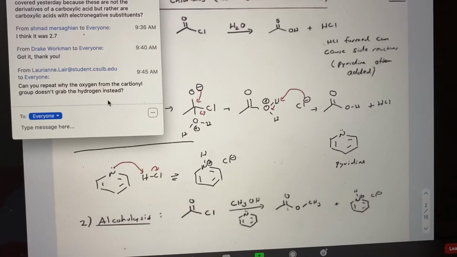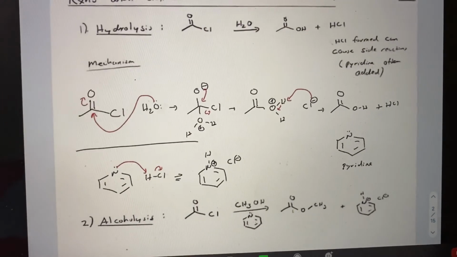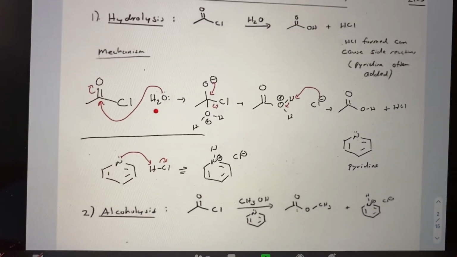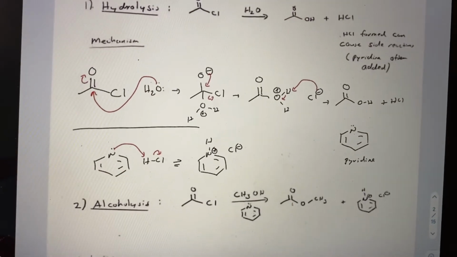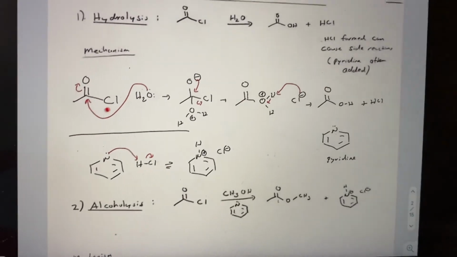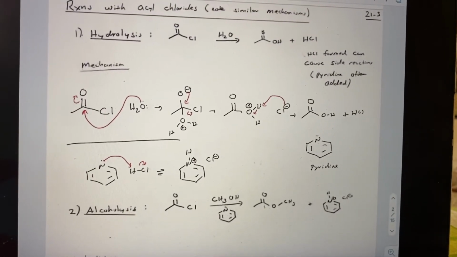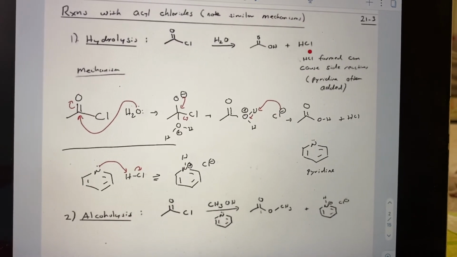Lorianne asks why the oxygen from the carbonyl group doesn't grab the hydrogen. So up in this original step, perhaps here, with this acyl chloride being very, very reactive, we don't have to have acid in our reaction. Actually, we generate acid, which we have to deal with later on.